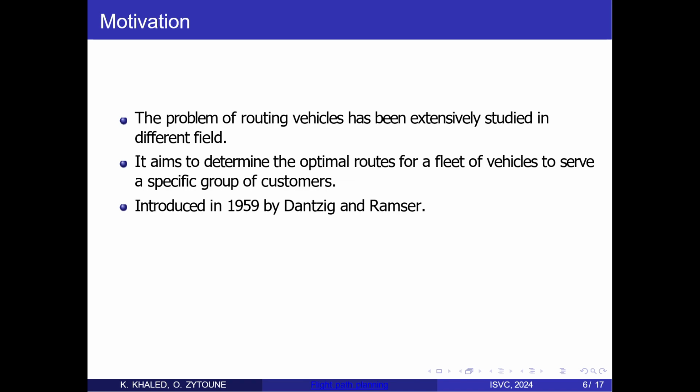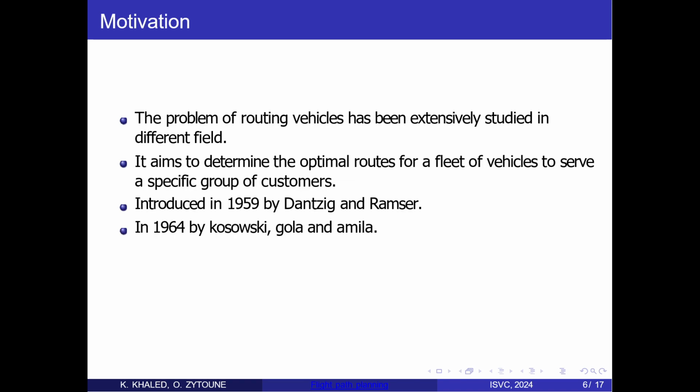It was first introduced in 1959 by Dantzig and Ramser, showing how a fleet of homogeneous trucks could supply the oil demand of multiple service stations over a distance traveled from a central point.